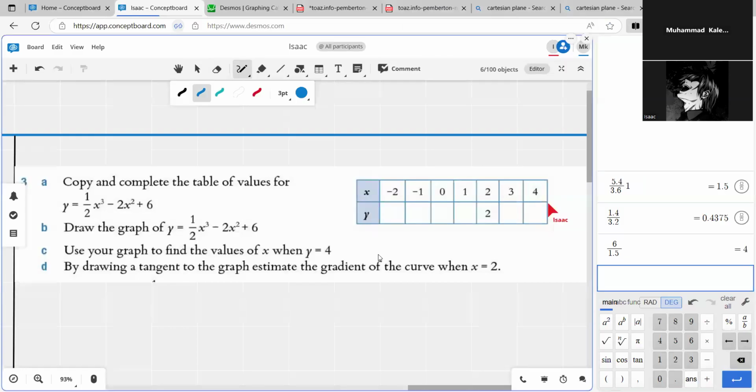Yes, what's the value you are getting? I think I messed up with my calculator, so I'm doing it again. Okay.